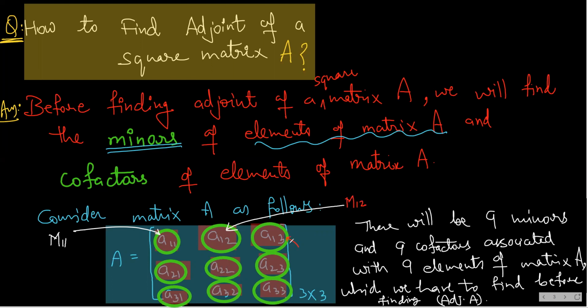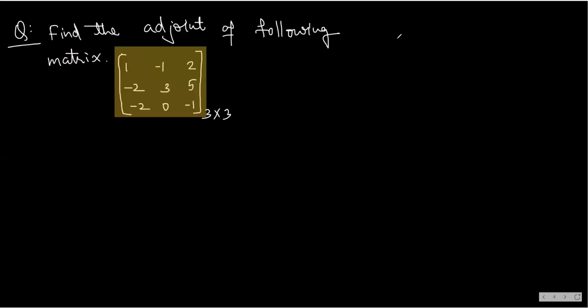Minor of A13 is M13. Minor of A21 is M21. This is M22, and so on. Similarly, the cofactor of A11, we will write C11, and so on. Okay, so let's start solving this question.